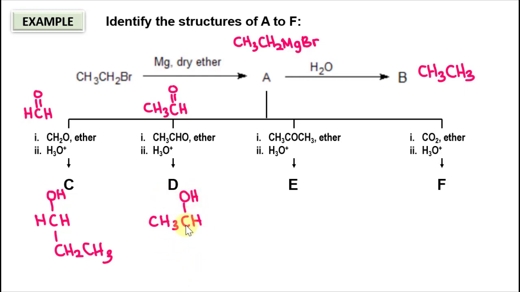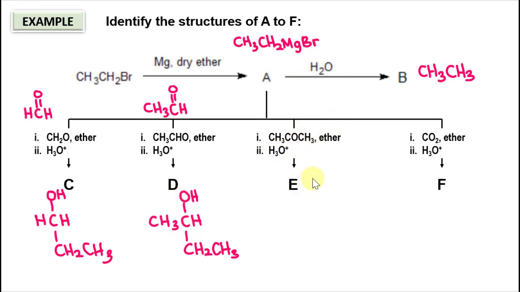I know that this carbon does not have enough bonds, it is incomplete. So I will combine it with this carbon without the MgBr, because this one also does not have enough bonds. So we will have CH2 and then beside it we have CH3. Now you can see that we have a secondary alcohol, because this carbon that bears the OH group is a secondary carbon.